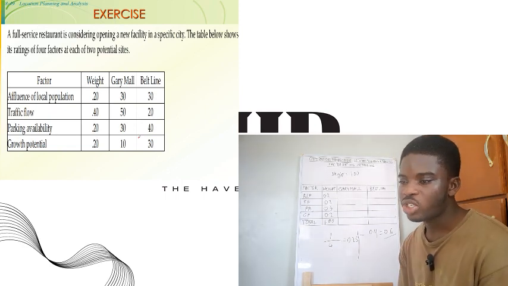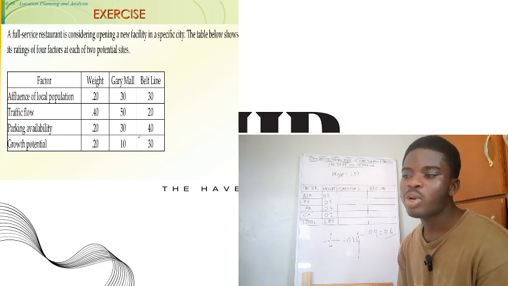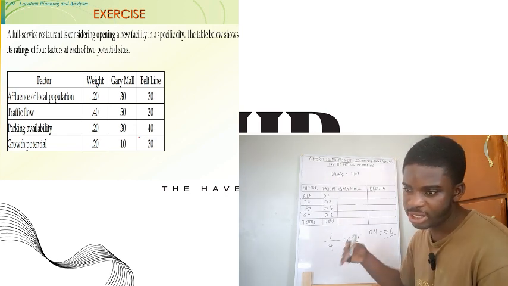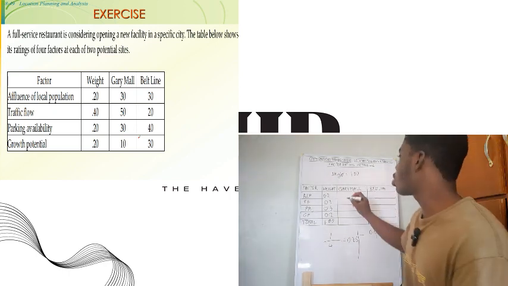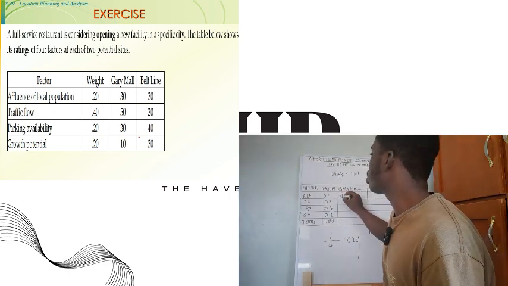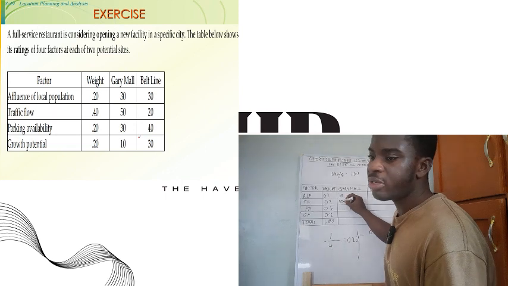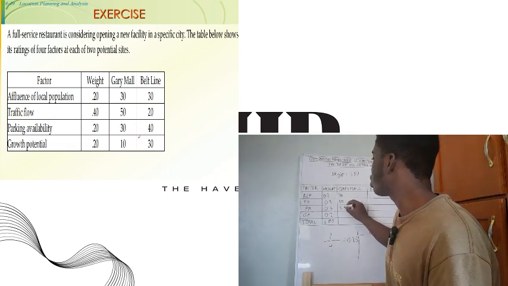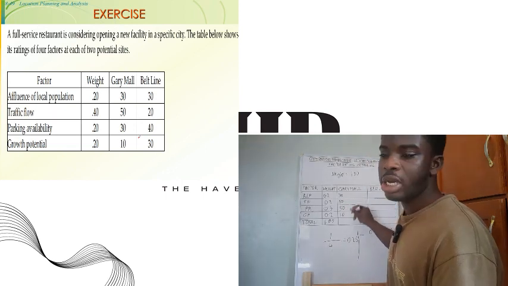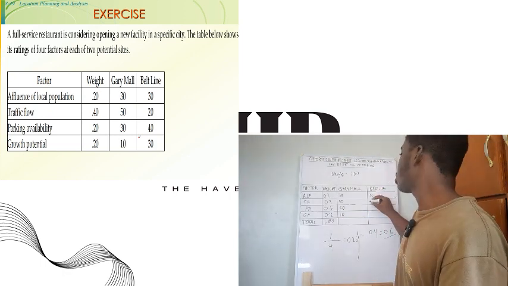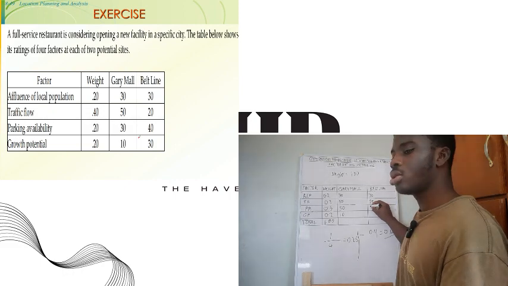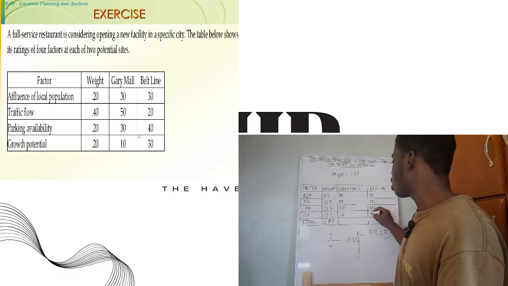So back to our question, right? If you look on the screen, Gary Mall was 30, 50, 30, 10, right? And then Belt's line was 30, 20, 40, 30.